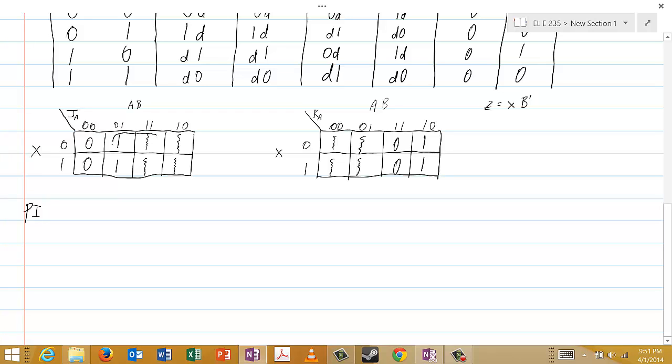One is this, and that will simply be equal to B. Another rectangular grouping of 4 one-cells is that.